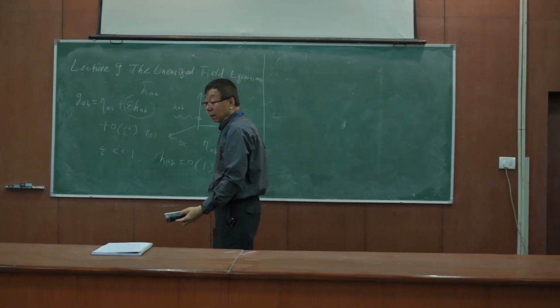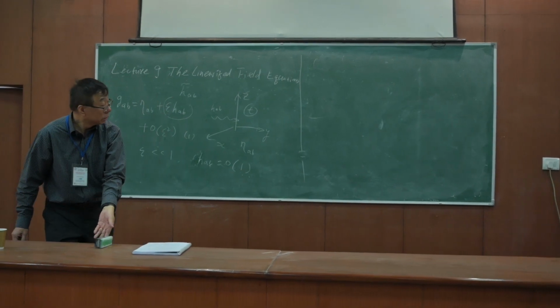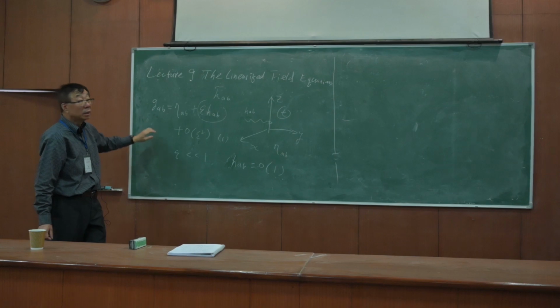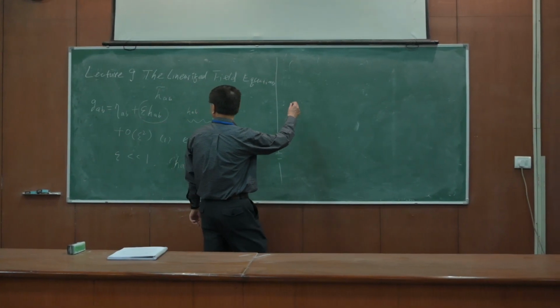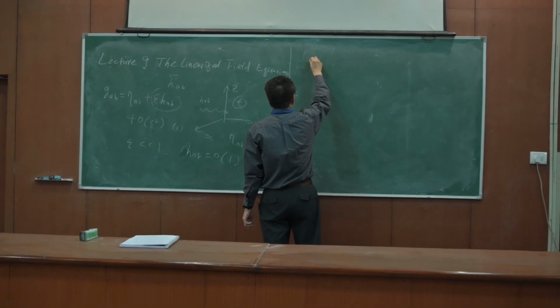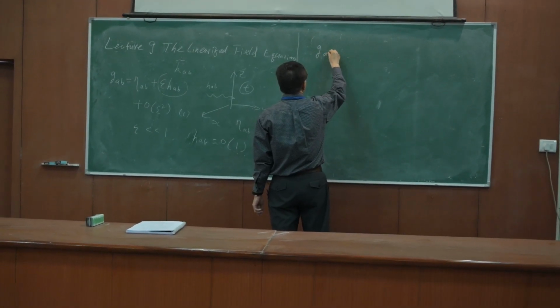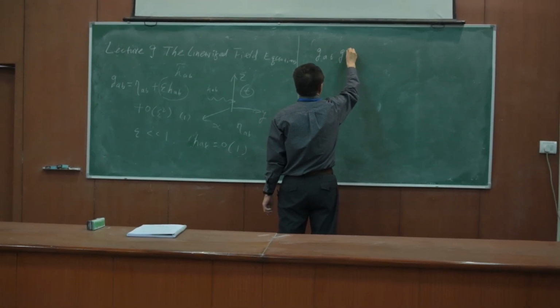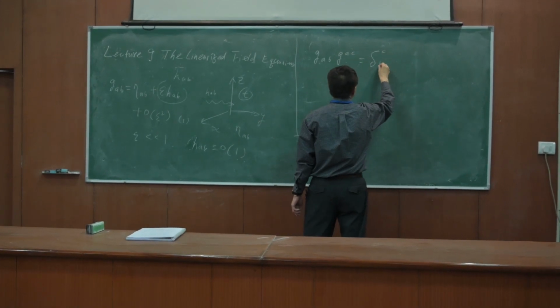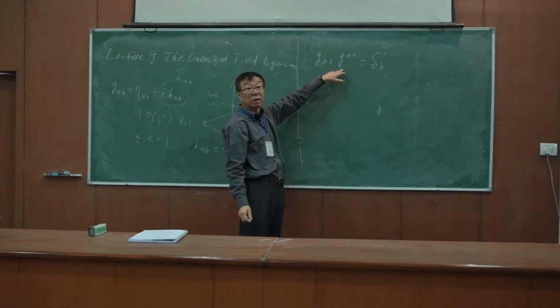Okay, so now come back to this problem. This is G_AB. Now you can see what's happening. For example, we have G_AB, G_AC equal delta_CB. This is our definition. This is the inverse, right?